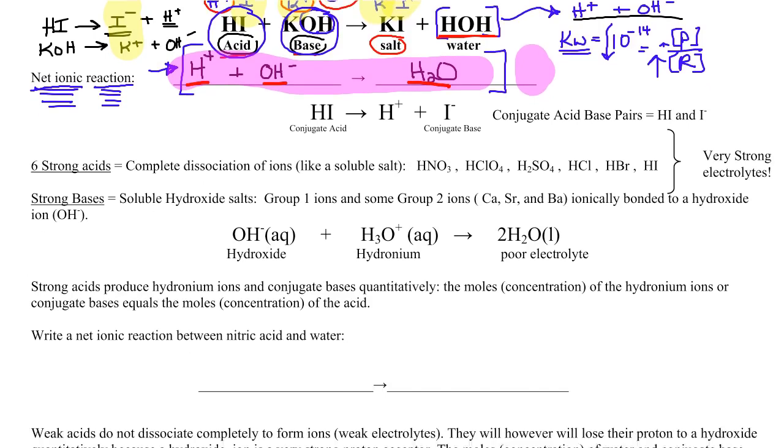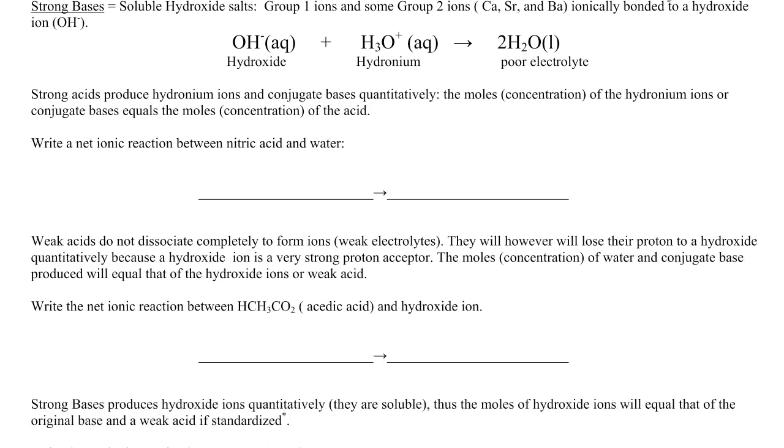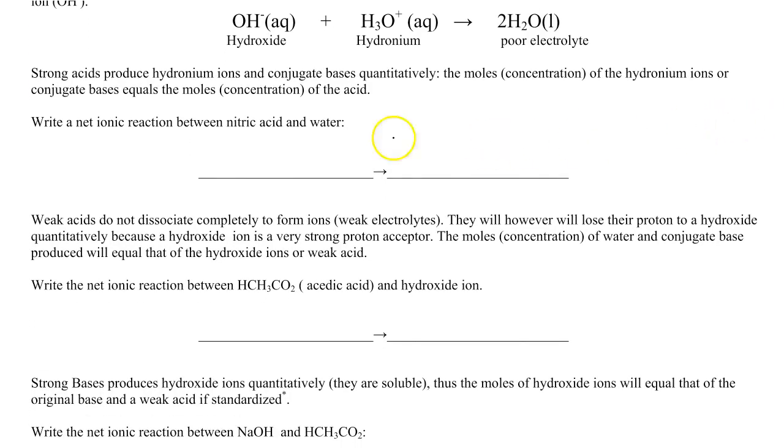Now, let's do nitric acid and water. Now, nitric acid, naming acids is not part of the course, but it's helpful to know them and it makes you feel more comfortable. Nitric is named for all polyatomic ions that end in ate.